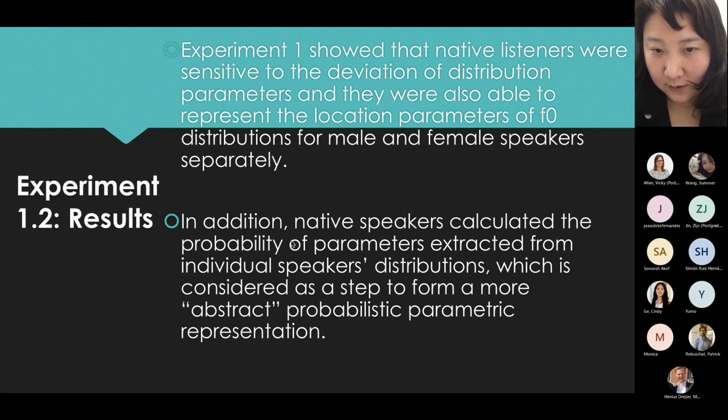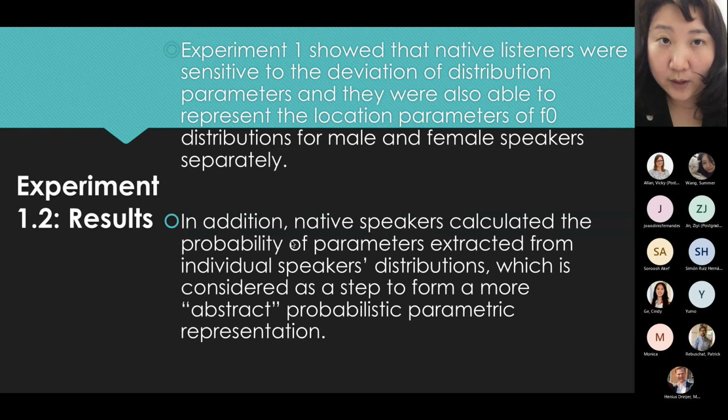Of course, this contextual information is limited in our design. We only have some high tones and low tones. And it's possible that if you have complex contextual information, if you have a whole sentence there, then the contextual information might be playing a more dominant role, but we haven't really tested. So that's one possible outcome, that if you included more tones in the contextual information, then the speakers might be using the contextual information more compared to the parametric representations.